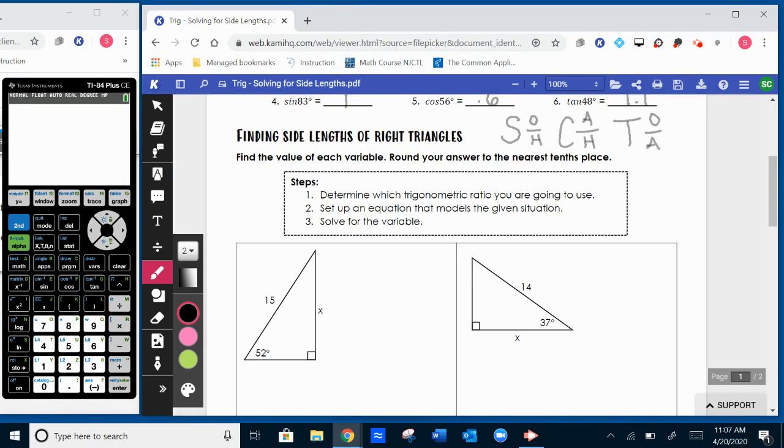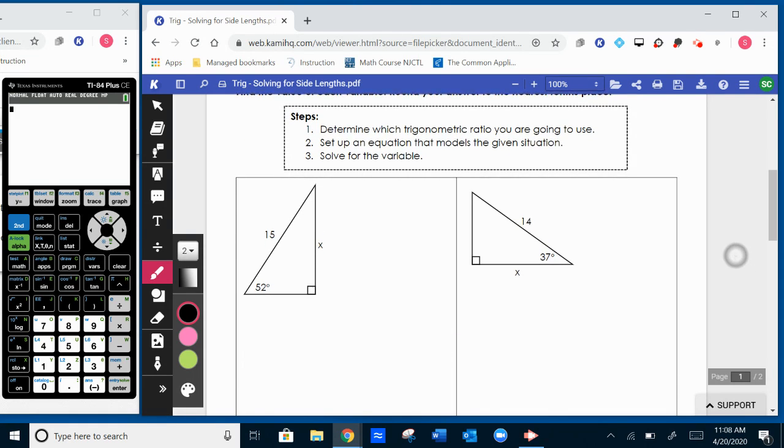And then we're going to set up an equation that models the given situation that we have. And then lastly, we solve for the variable by isolating it. So to begin, I'm just going to write SOHCAHTOA, as all of you should also do on yours.